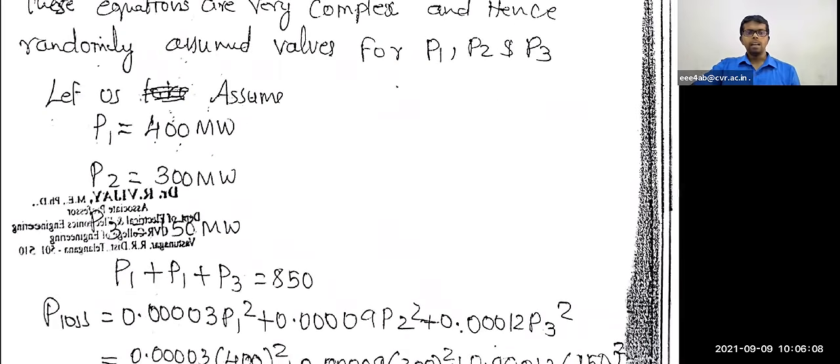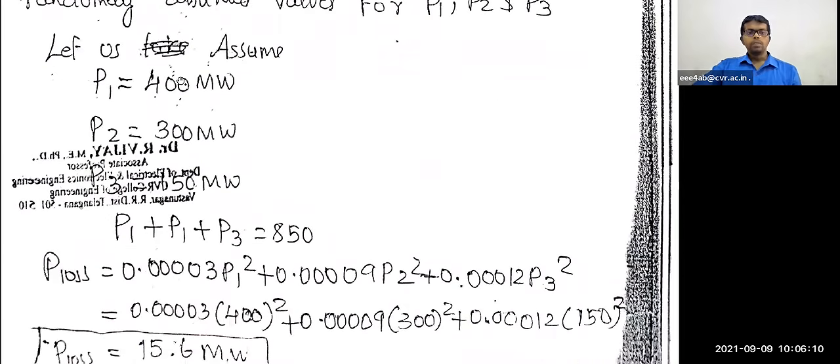That thing we have to substitute. This is iteration number 1 from the previous. So the answers we got now, you have to substitute here. This is iteration number 2. Again we have to proceed.